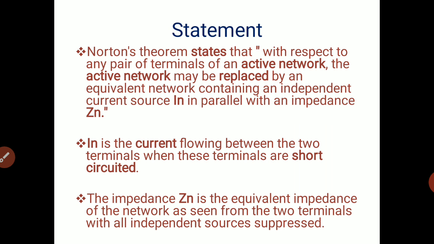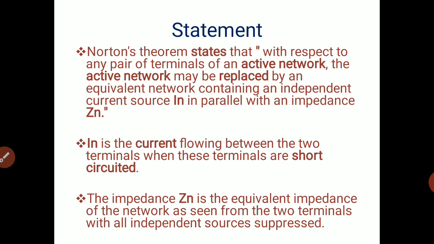Norton's theorem states that with respect to any pair of terminals of an active network, the active network may be replaced by an equivalent network containing an independent current source IN in parallel with an impedance Zn.